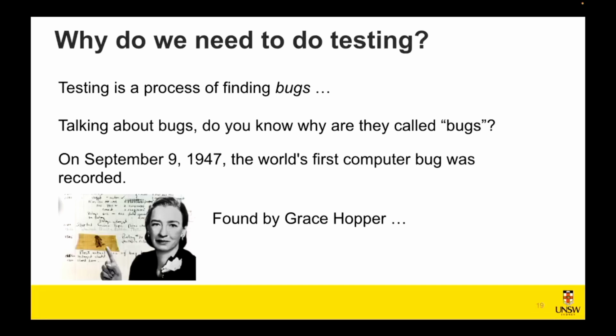And no offense to this lady, but her name really sounds like grasshopper, so it's kind of like a small insect finding an insect. But basically we know that testing is to help us find bugs.